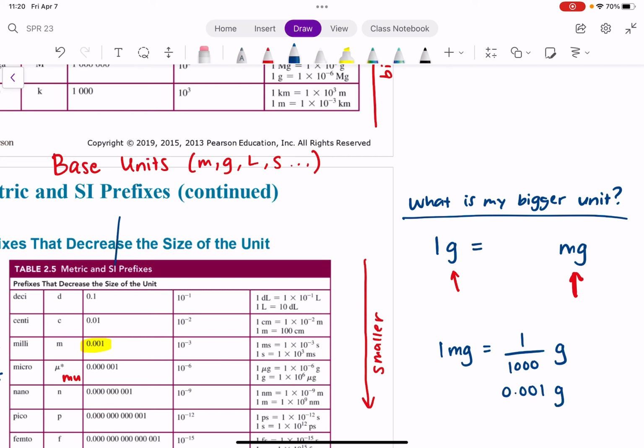So it's kind of looking at it from the perspective of your base unit. If that helps, the way I said that, that's great. If it confused you more, ignore what I said, right? So that's why I say it's easier to just think of it as how many small units are in one of my big unit.